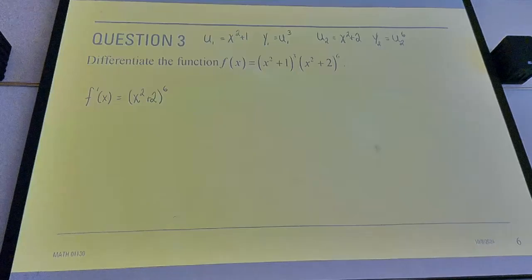G of X, there's your first, times now the derivative of that first function, which will be du1 dx times dy1 du1. Plus x squared plus 1 cubed times the derivative of the second function.